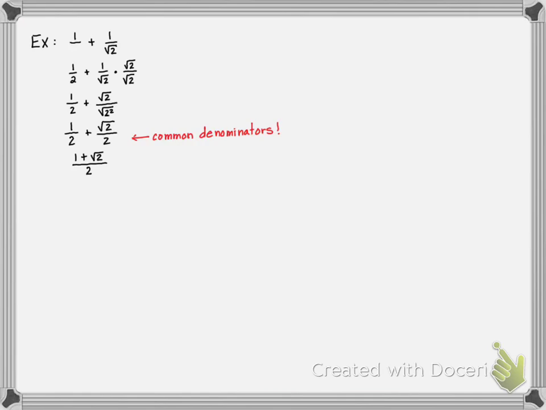But if this had been a 6 instead of a 2, the process would be identical up until this last step here. If this was a 6, the first thing I would do is still rationalize that denominator. But then at this point, I don't have common denominators, right?